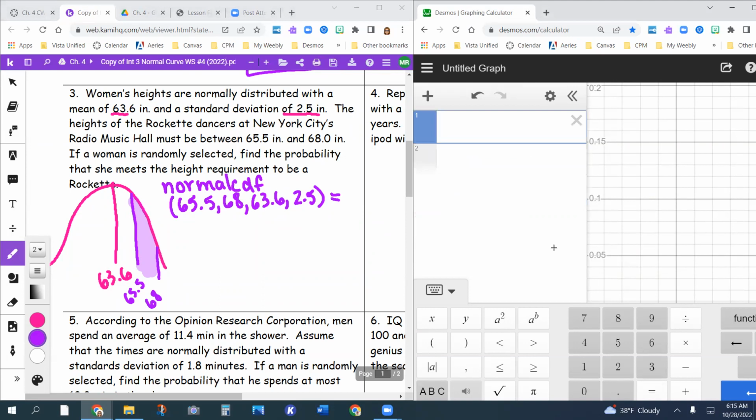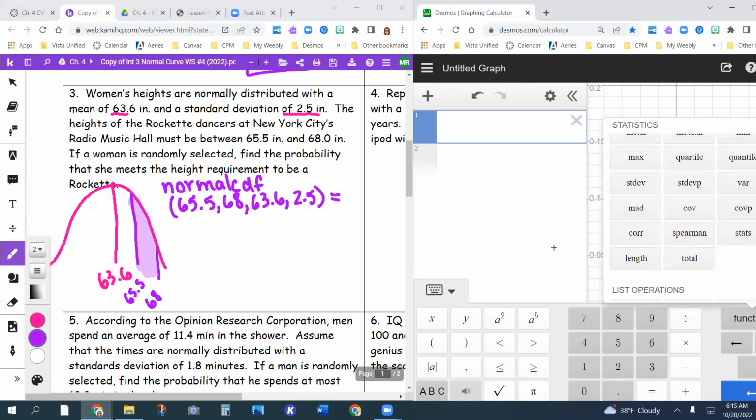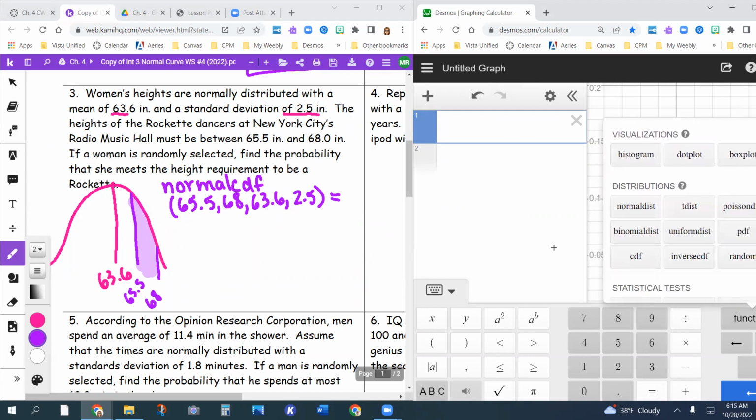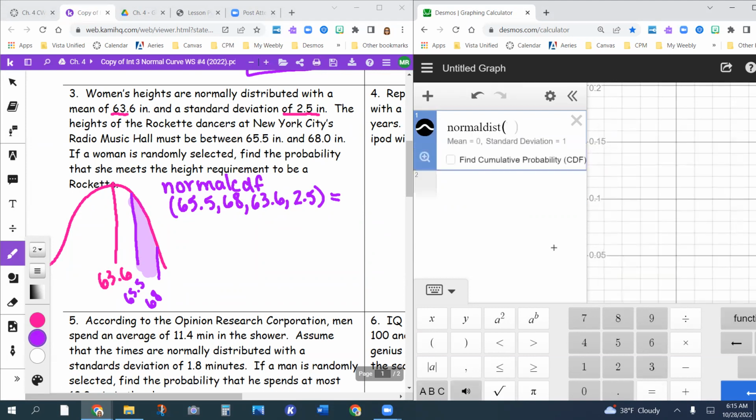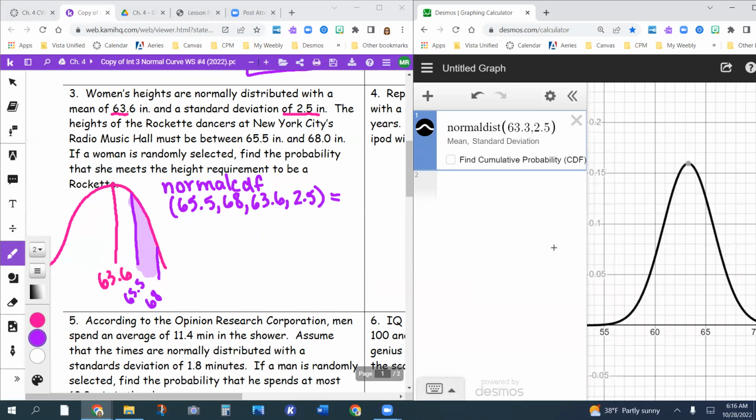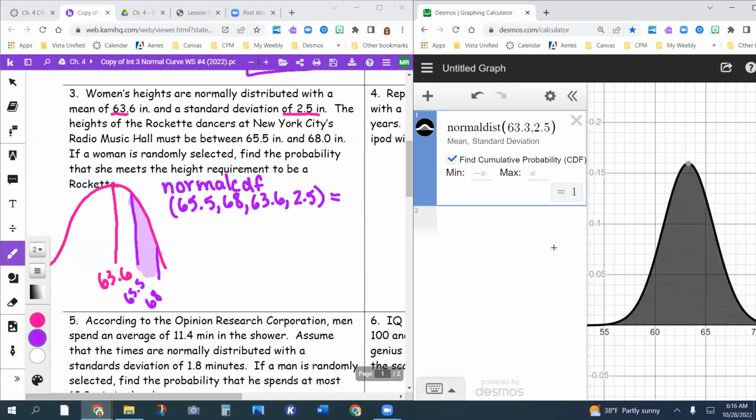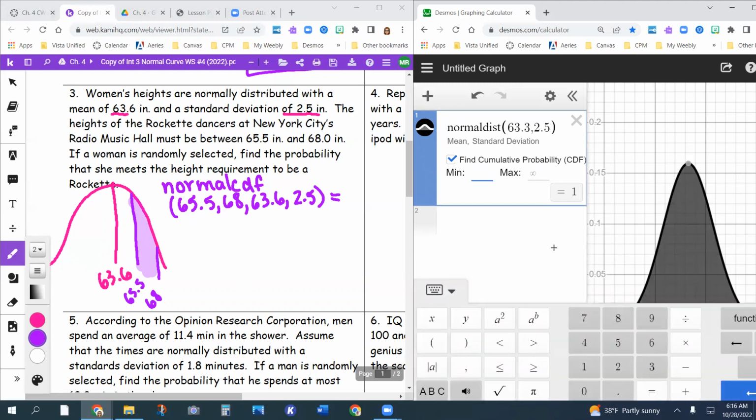Okay, I'm going to do it on Desmos here. So let me get my normal CDF. And my mean is 63.6. And my standard deviation is 2.5. Okay, so there's a picture of it. And I want to find between 65.5 and 68.